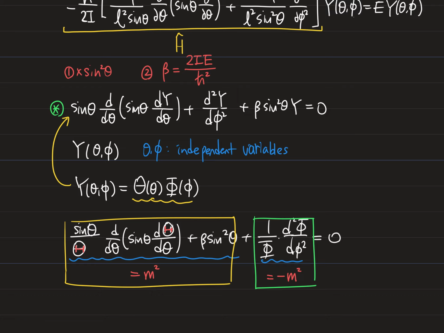So we can make a fragmentation of the one complex differential equation. So now we have two differential equations here. So let's take a look at the second expression first, because this differential equation is much easier to solve compared to the first one.